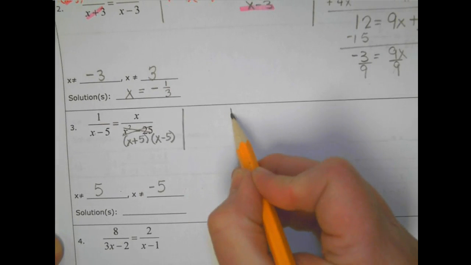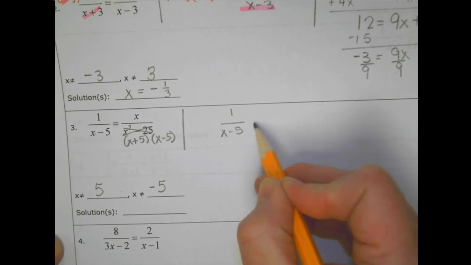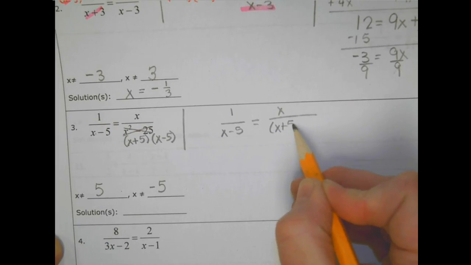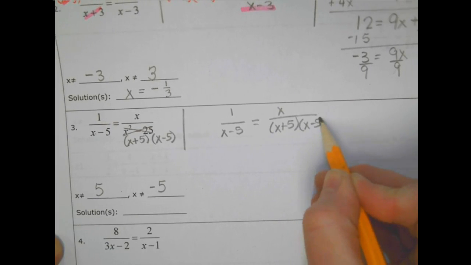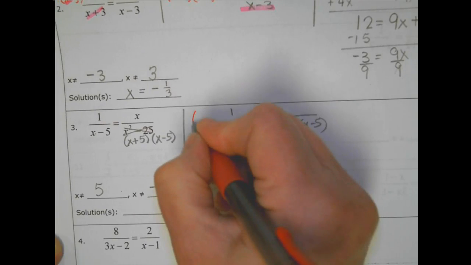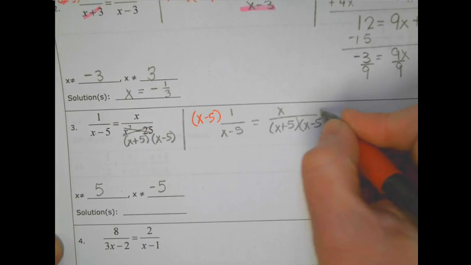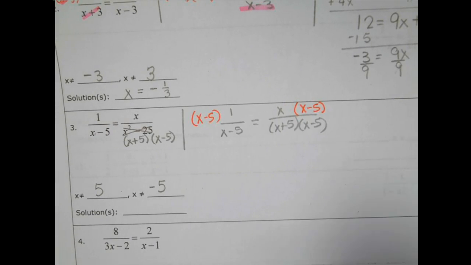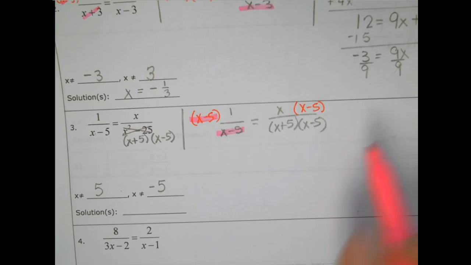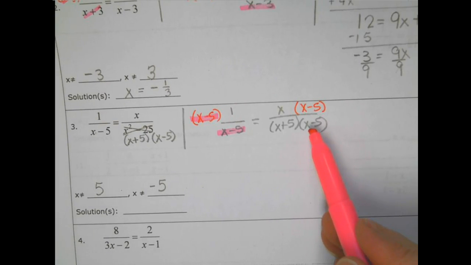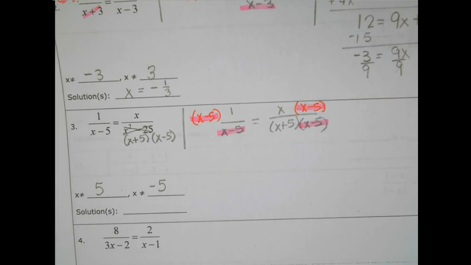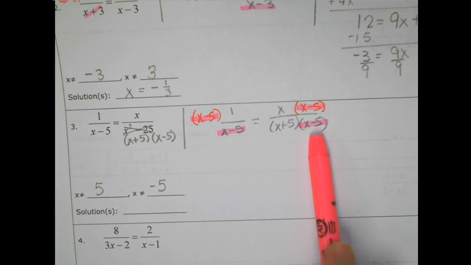So you've got 1 over x minus 5. I'm going to multiply by the first denominator. But what happens over here on this side? Does that cancel? Does it cancel on this side also? 2 for 1 deal.